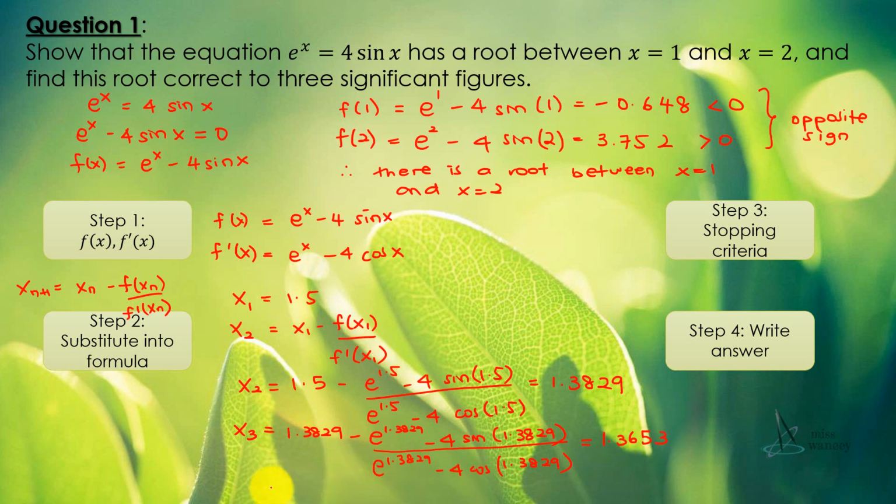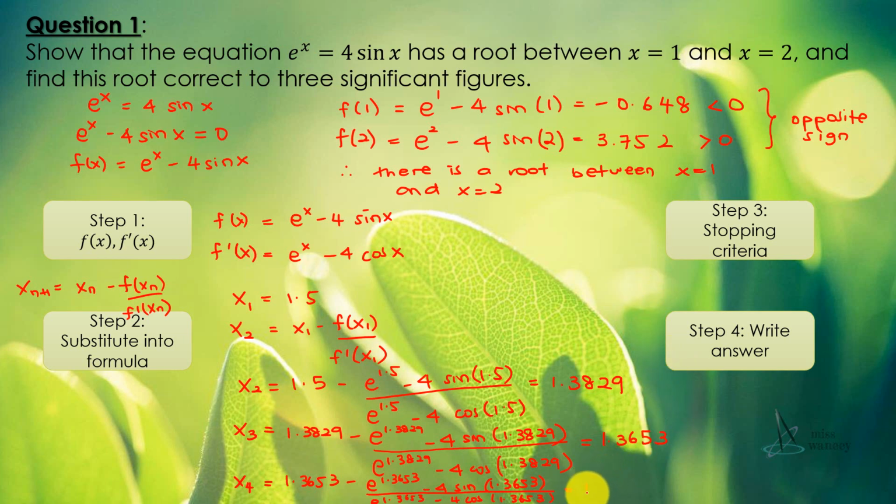So we are going to do the same thing for x4. Again, keep on repeating the same thing. So this is 1.3653 - (e^1.3653 - 4 sin 1.3653) over (e^1.3653 - 4 cos 1.3653).